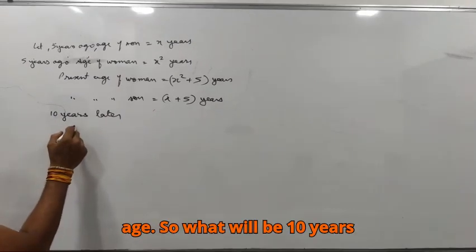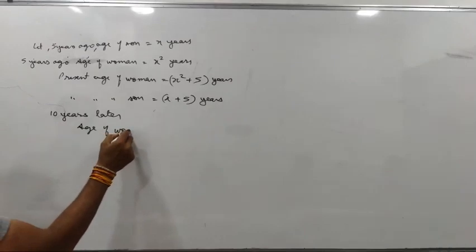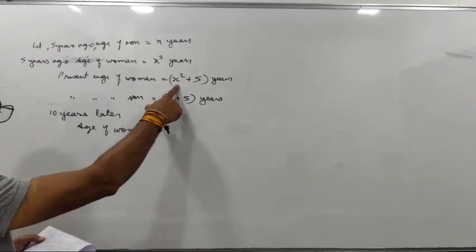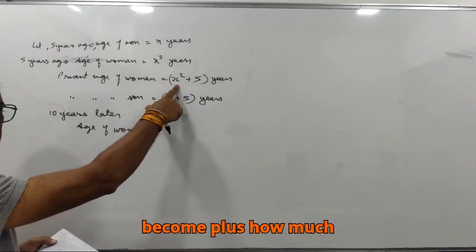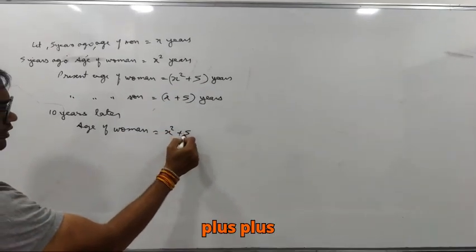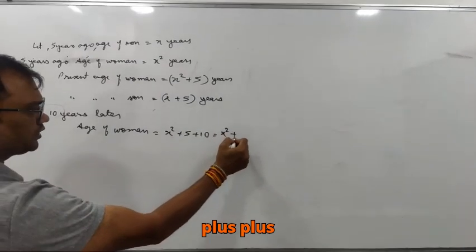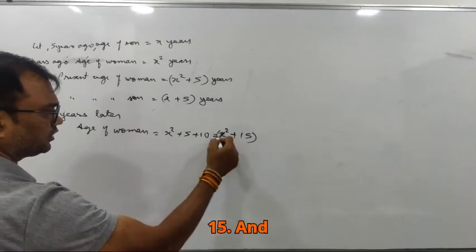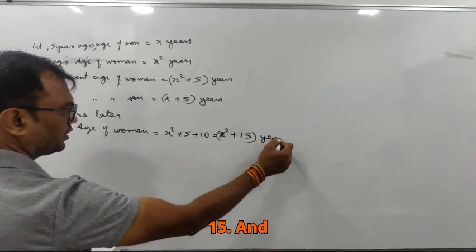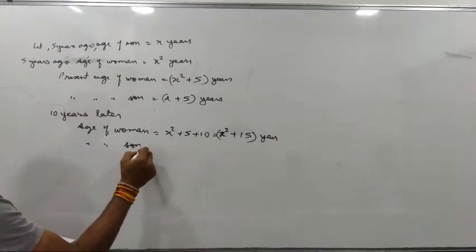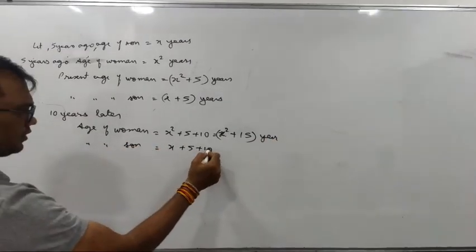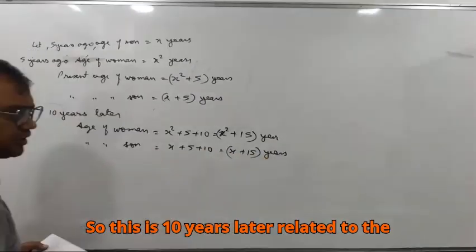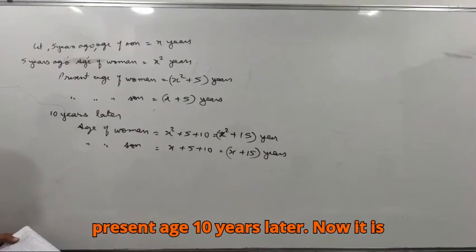So the age of the woman 10 years later, related to her present age, becomes plus 10. So it becomes x square plus 15. And the age of the son will become x plus 15. This is 10 years later, related to the present.